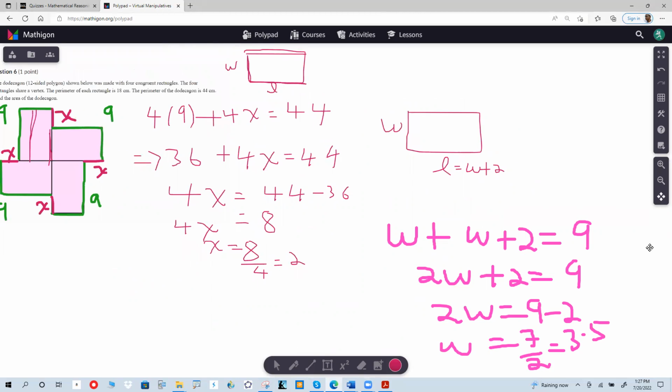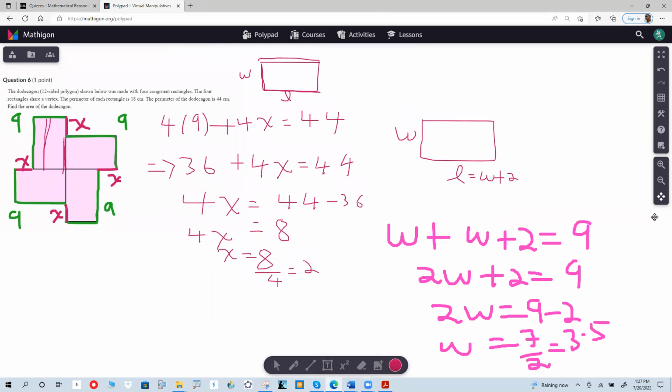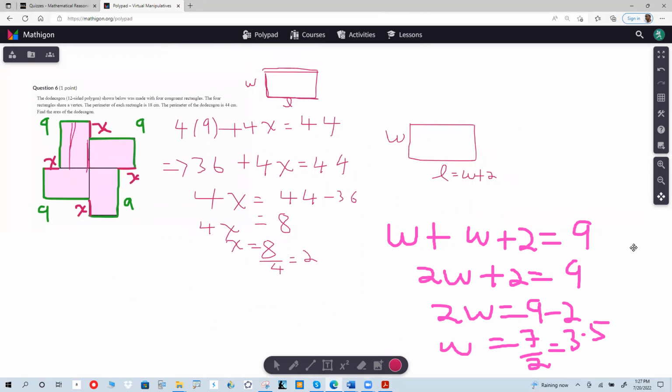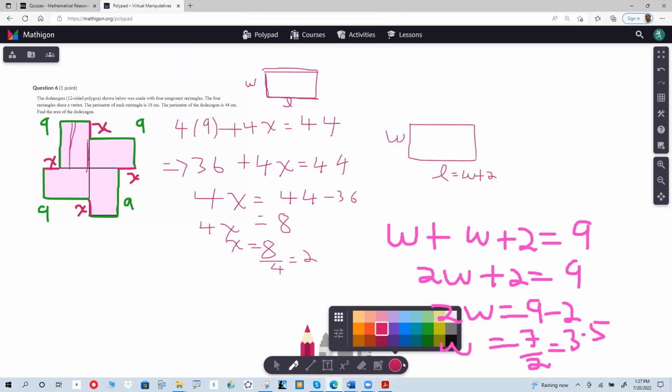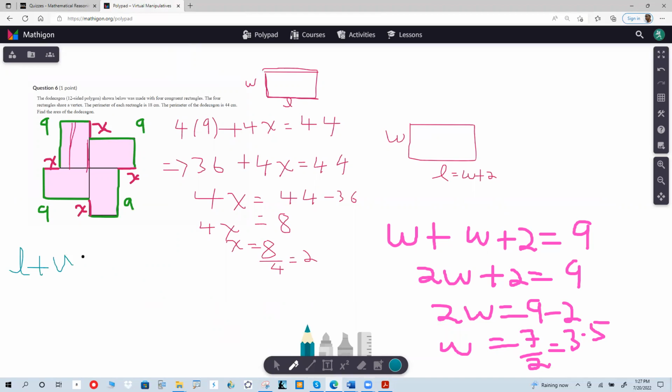Unfortunately, I did the pink work with a different kind of system, not that you care, it's correct. So if you know W is 3.5, L plus W is 9, you can do it here. You can say L plus W is 9 and L is W plus 2.